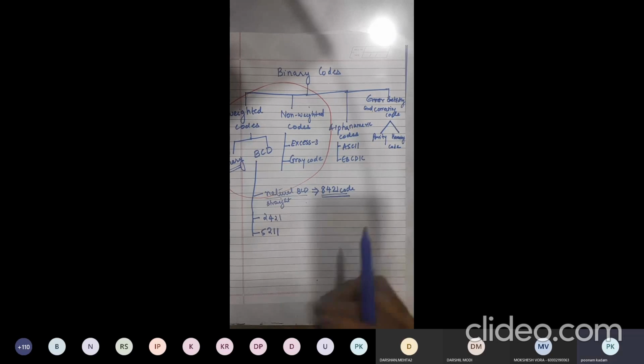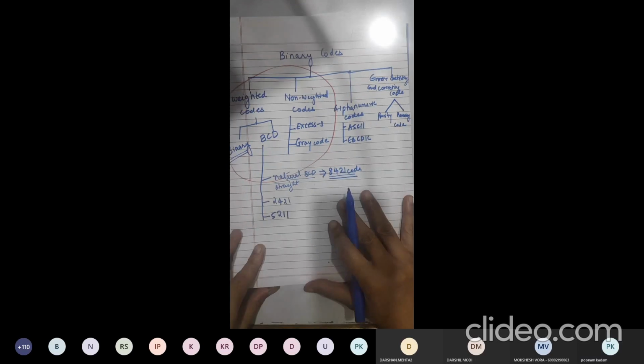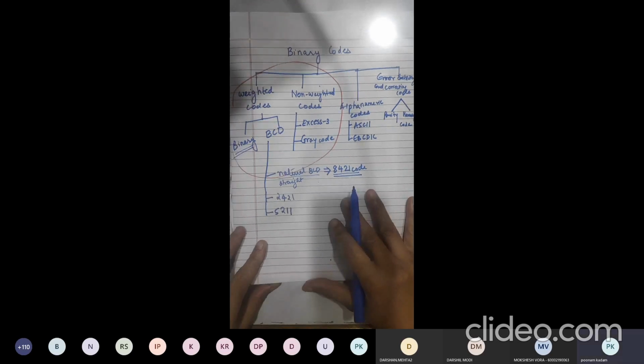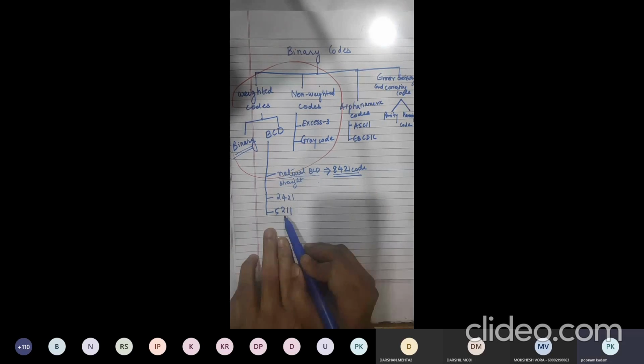So let us look at these BCD codes in detail first. The basic concept in digital codes, binary codes, as I said, is to uniquely define decimal numbers from 0 through 9.